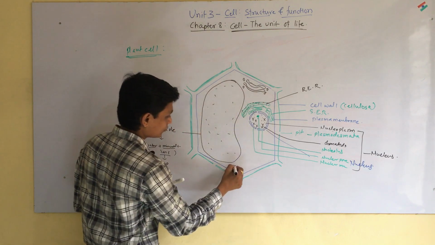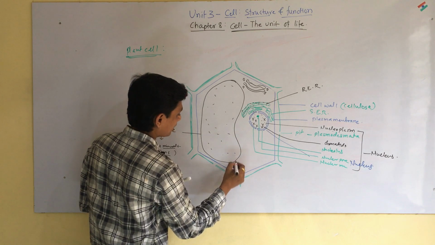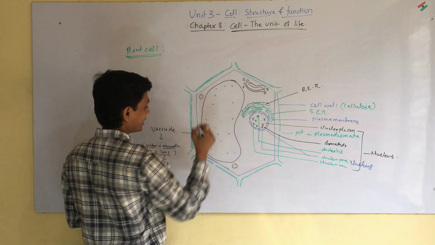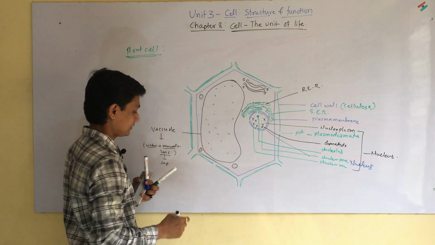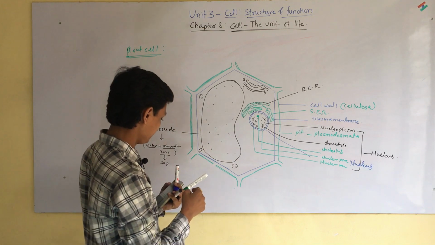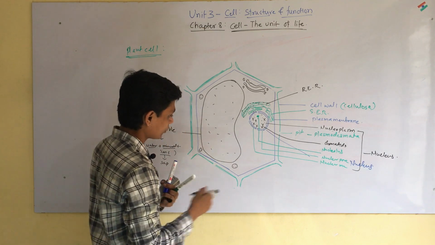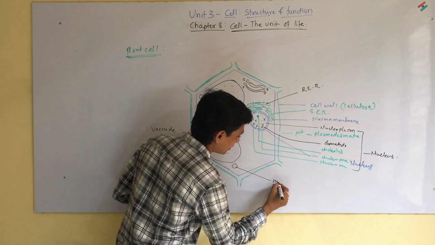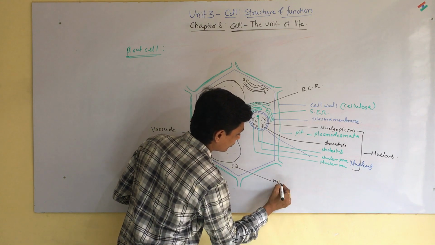The number of lysosomes are less as compared to the animal cell. This is known as microbodies. In plant cell, microbodies are of three types.